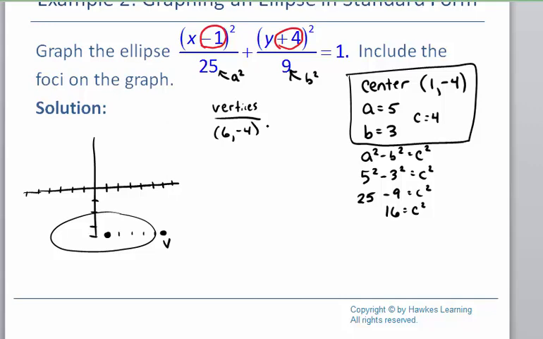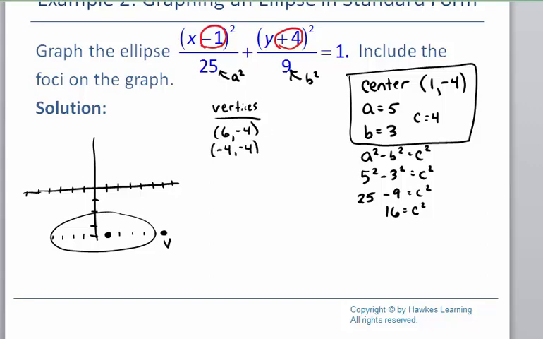All right, and then we're going to come back and do the same thing in the other direction. So we're going to count over 5 in the other direction. So that's 1, 2, 3, 4, 5. All right, and so that's going to be the point -4, -4.